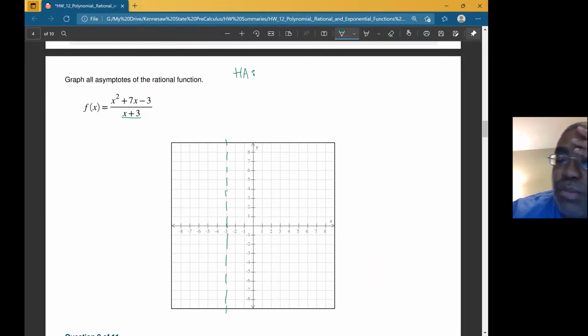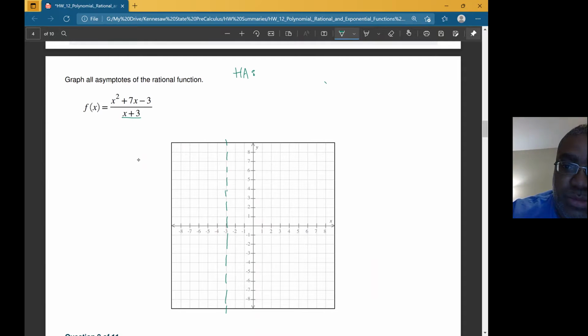All right. So normally we would go for our horizontal asymptote, but we notice that x squared is 1 degree larger than x. So that means we have a slant asymptote.